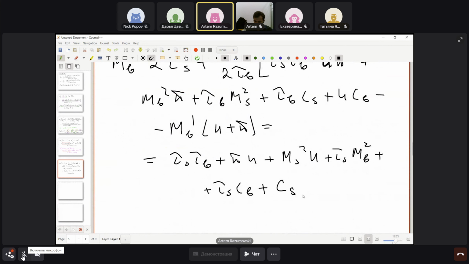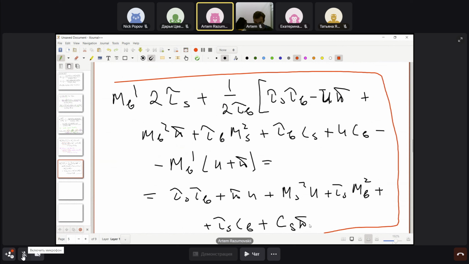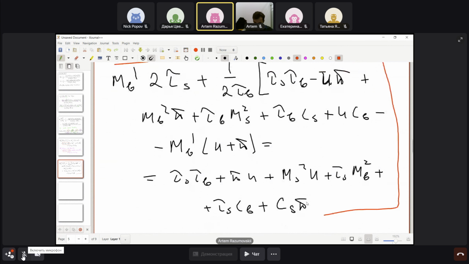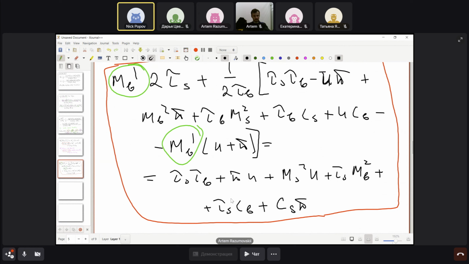Okay, then we have this long equation. And then we have on one side buyers 1 here, and buyers 1 here. And they need to put it together.